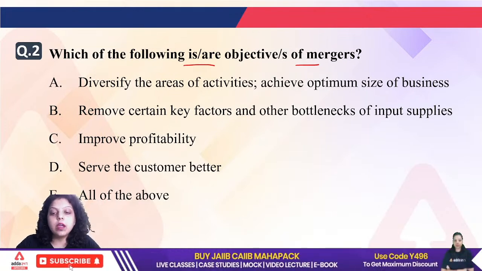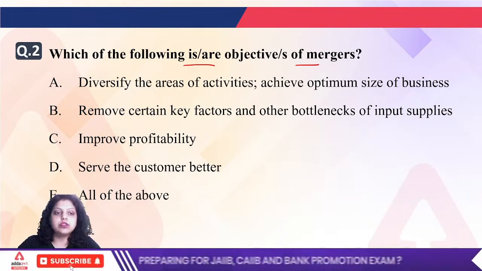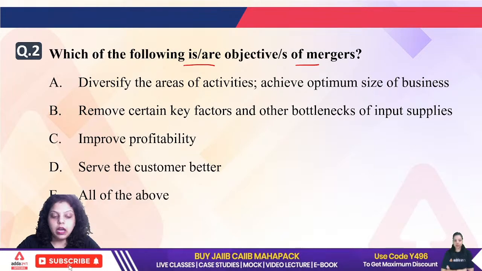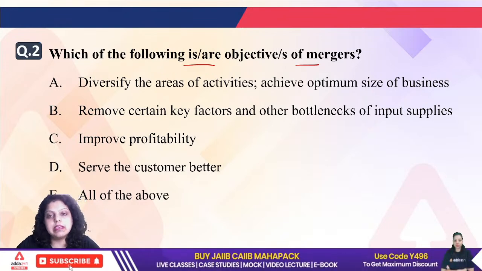Whenever we are talking about merger, amalgamation, joint venture, or acquisition, first of all, a joint venture is when two companies come together and work on a single project. When two companies are working together on a single project, it is known as a joint venture.